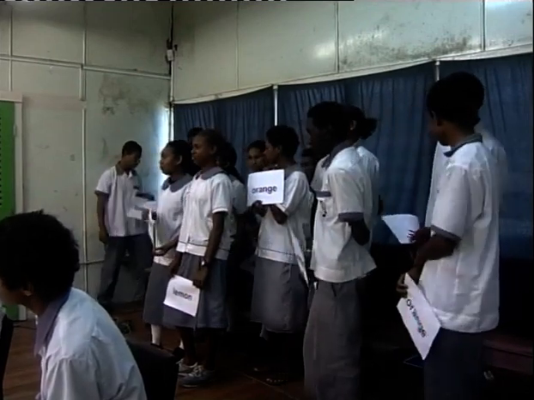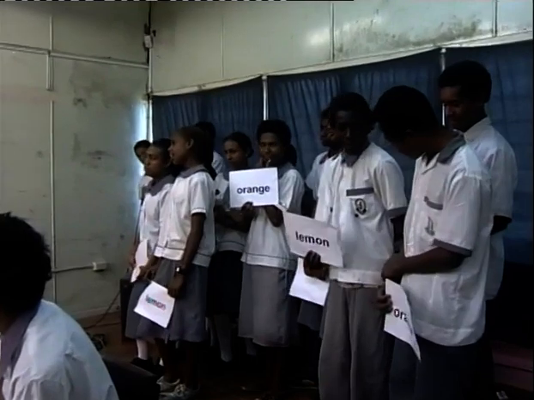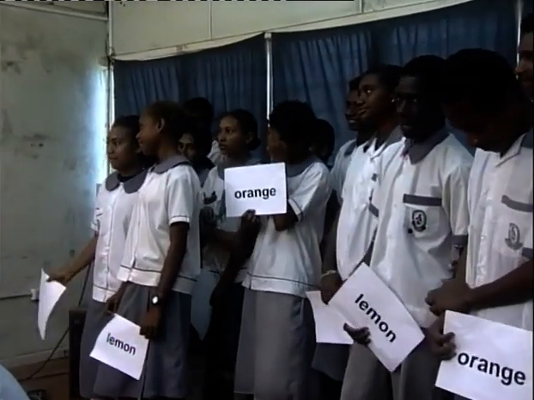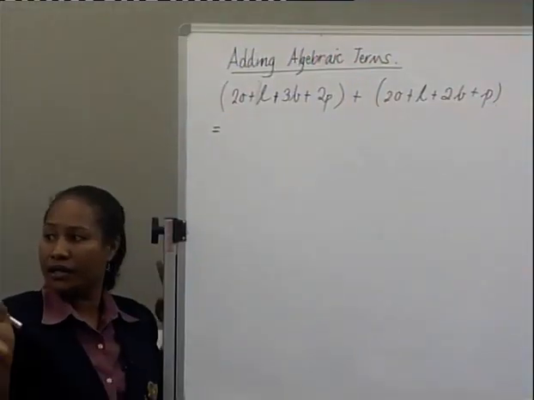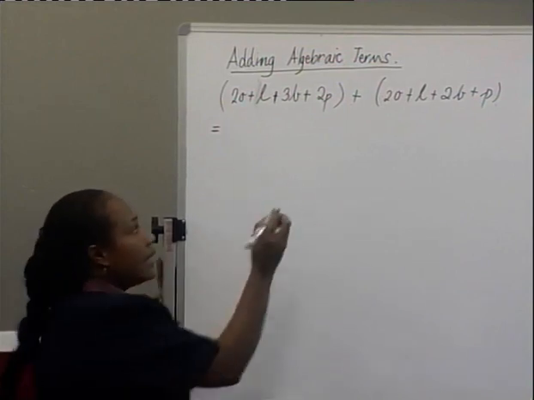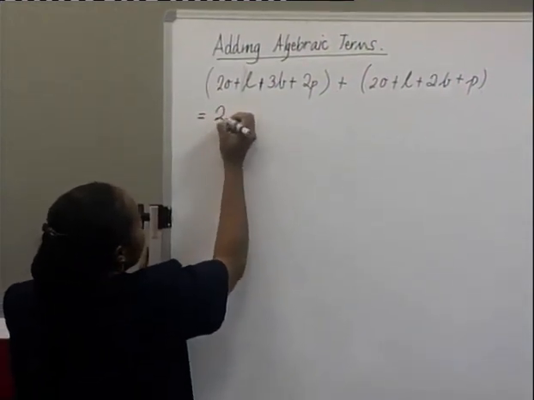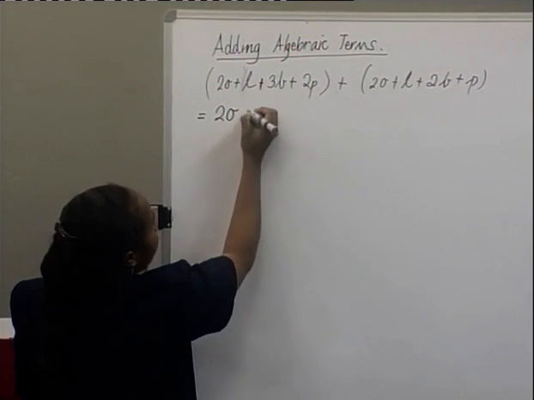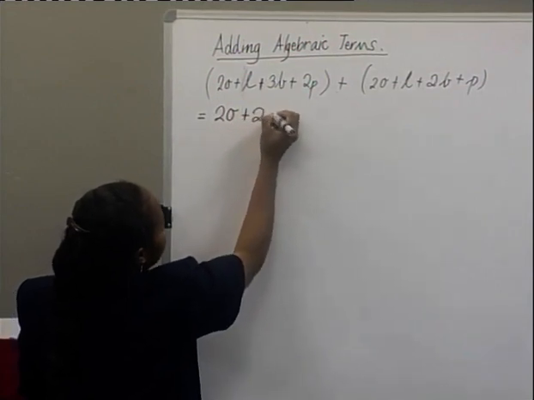All right, so again, when we are adding algebraic terms, we collect the like terms, terms that have the same variable. Are we listening? Now, what should I do? 2 oranges plus 2 oranges.